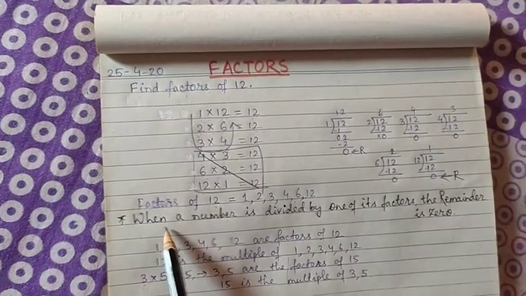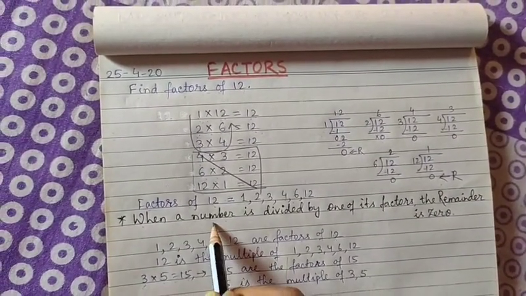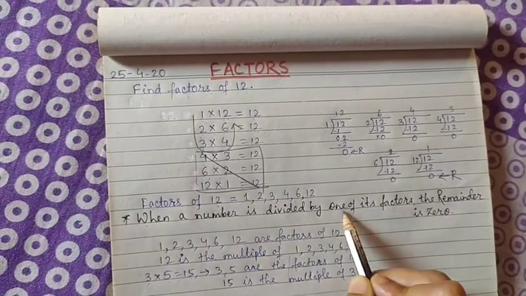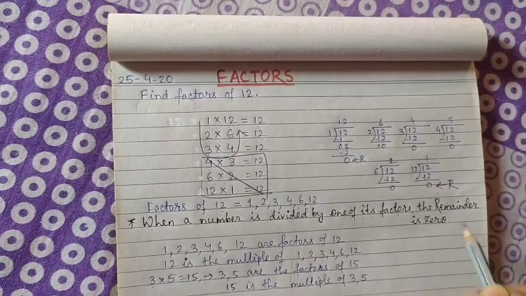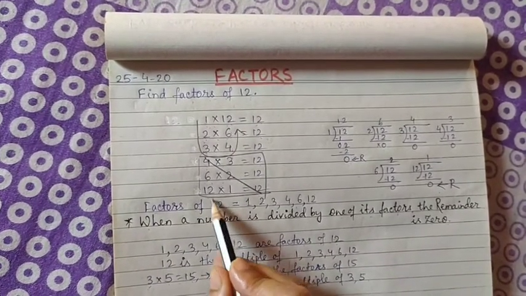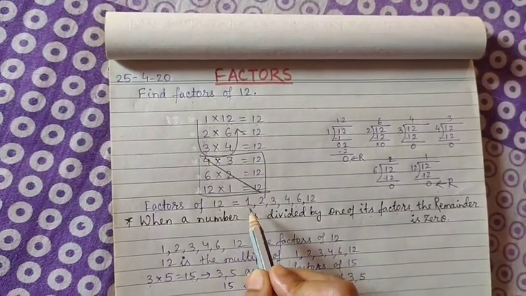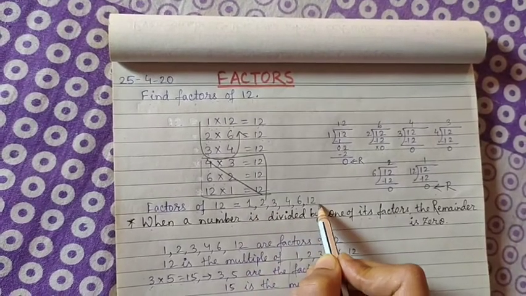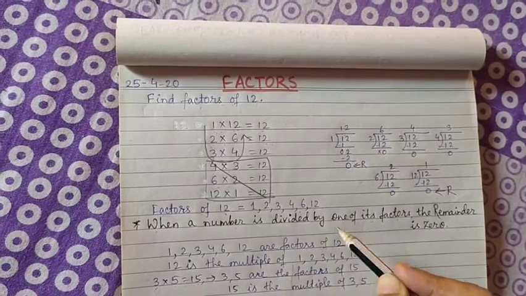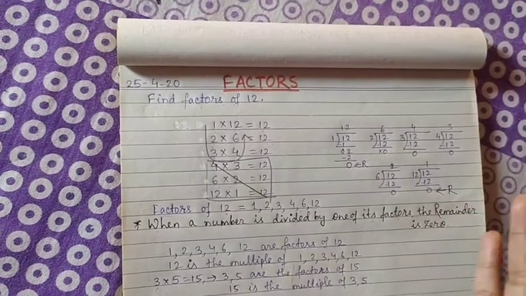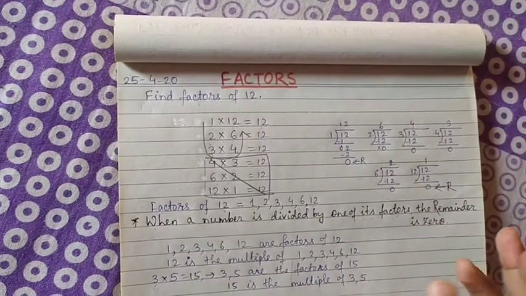That means we can conclude when a number is divided by one of its factors, the remainder is 0. Means if, for example, 12 is divided by any one of its factors, the remainder is 0. And if a number is divided by another number which is not a factor, then the remainder is not 0.